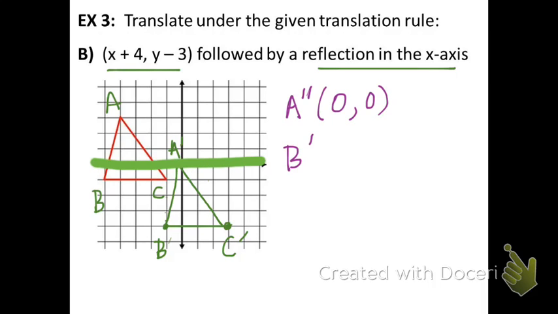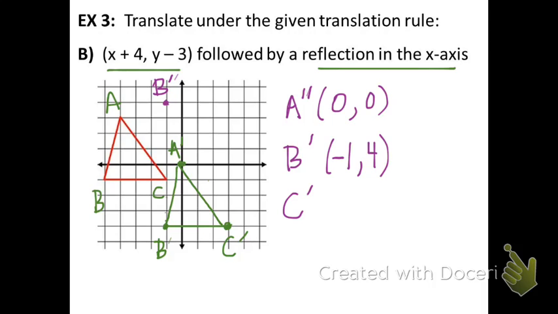How far is B prime from the line? It's 4 from the line. So we're going to go 4 on the other side of the axis. And that puts us at -1, 4.